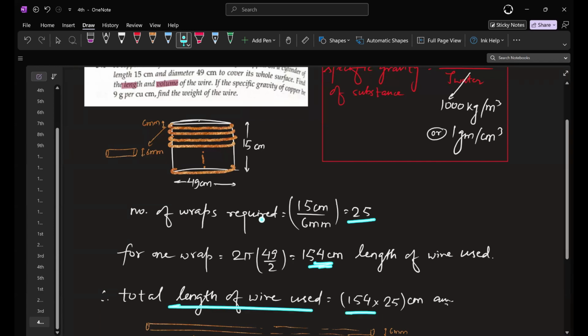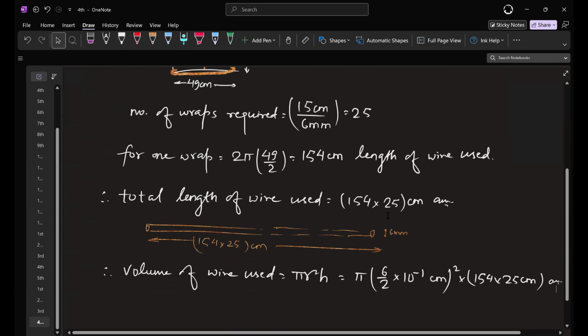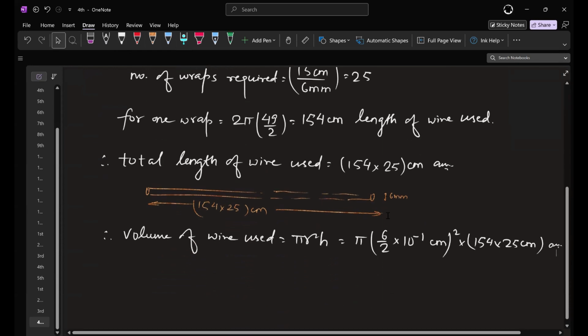That is why I had to convert millimeters down into centimeters. So the height is 154 into 25 centimeters. Whatever the final calculated answer is, that is going to be the volume of the wire used.